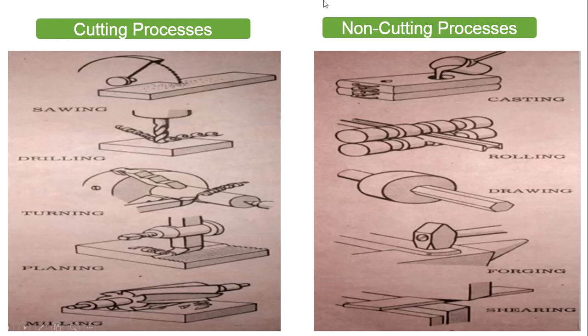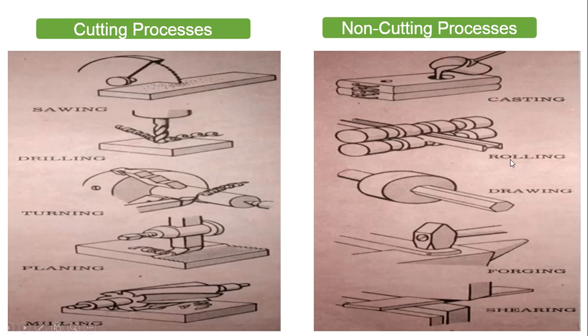Then we have non-cutting processes: casting, rolling, drawing, forging, shearing. There is no contact between tool and workpiece. In casting we are pouring the molten metal into the mold. Whatever is the size and shape of the mold, we will get the casting.